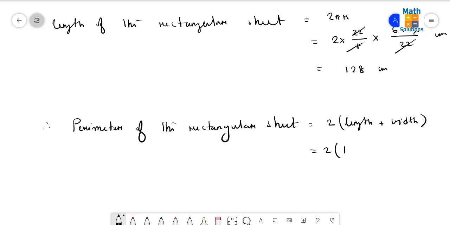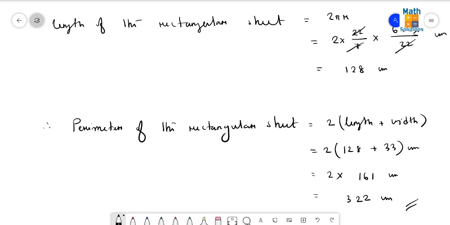Length we got as 128 and width as 33, which is already obtained, centimeter. So 2 into, what do we get? 128 plus 33 is 161. So it is 322 centimeter is the answer.